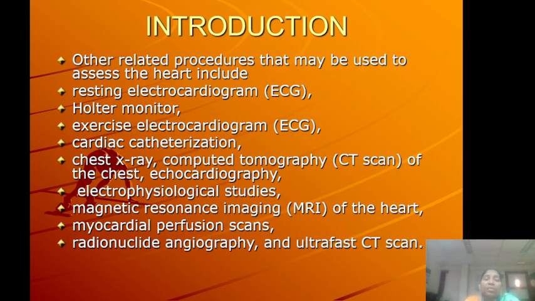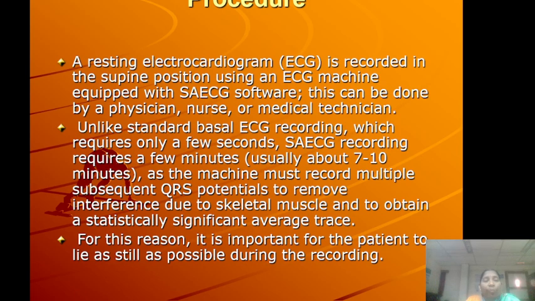Then by using chest X-ray, CT scan of the chest or echocardiography, we can get information about the heart. Then MRI of the heart, myocardial perfusion scans, radionuclide angiography, ultrafast CT scan. These are some of the procedures related to assessing heart performance.